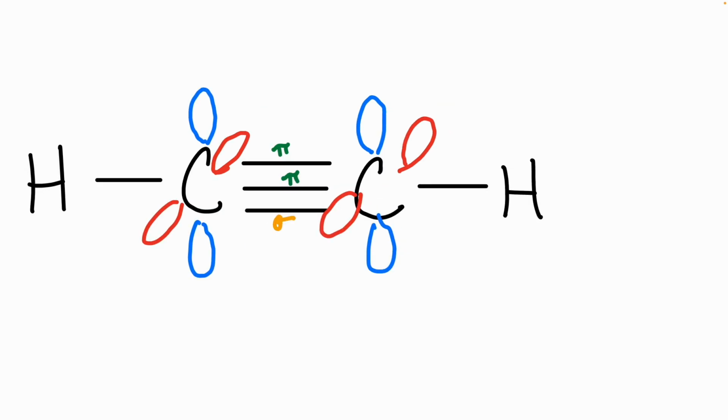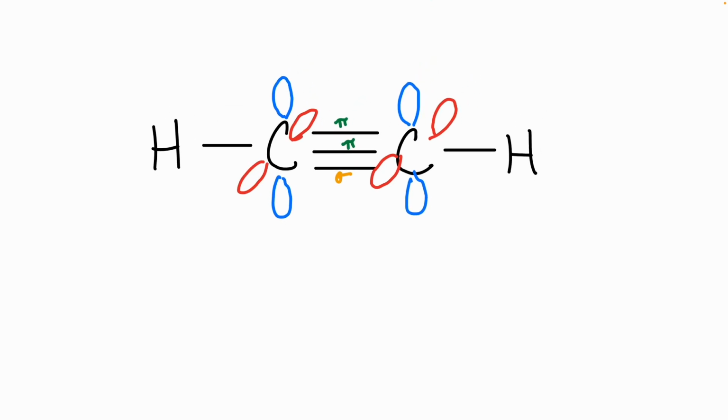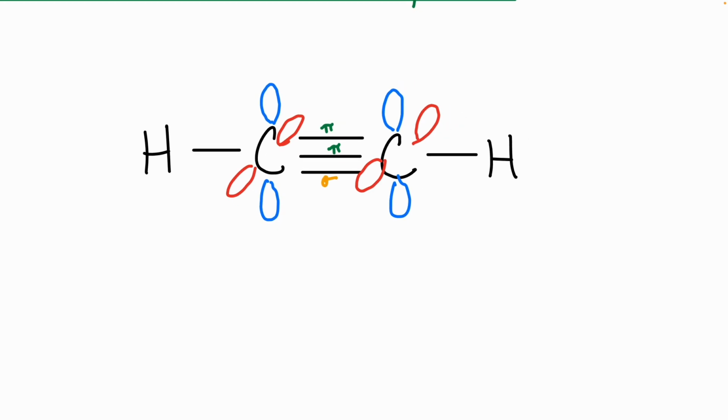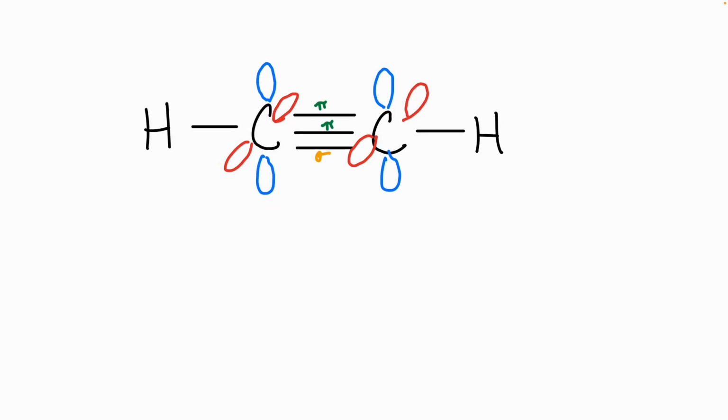We talked about how the geometry of an alkene was that it was flat. It was that trigonal planar geometry, all right? We're going to see something similar, but instead of forming a triangle, because there are 3 bonds, now we only have 2 bonds. So this is going to be what we call a linear geometry, right? These carbons are sp hybridized.